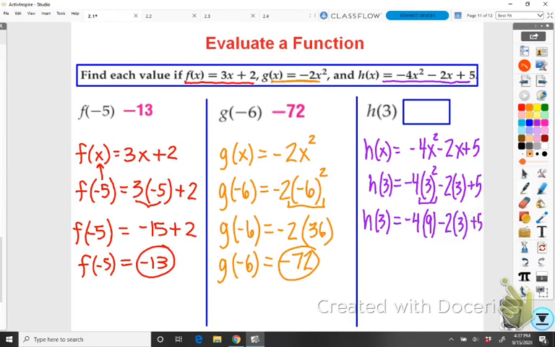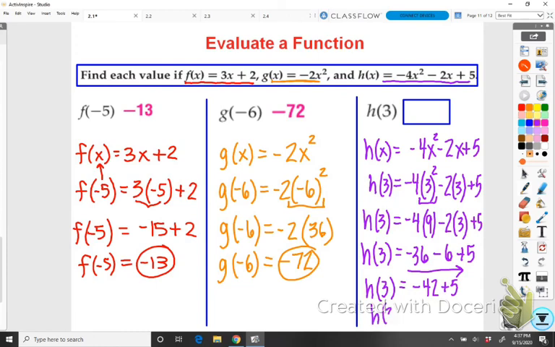Then you could do the multiplication in the next step. So this is -36 minus a 6 plus a 5. And then go left to right with this. -36 minus 6 is a -42. Add 5 to that. You get the output is a -37, I believe. So let's see if I'm right. Yes.